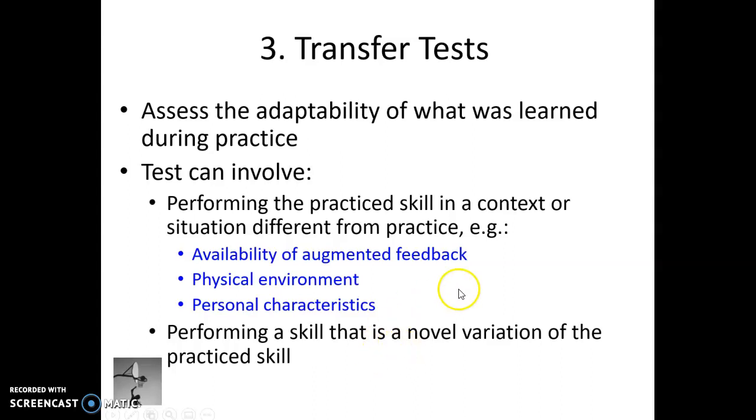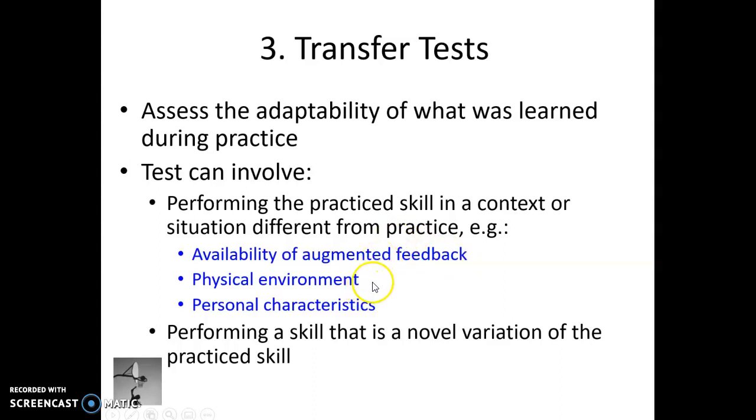So for instance, you might be practicing a skill where the therapist is providing augmented feedback over and over again. And then you might have the patient try to do the skill again, but this time without any feedback provided by the therapist. That would be an example of a transfer test.